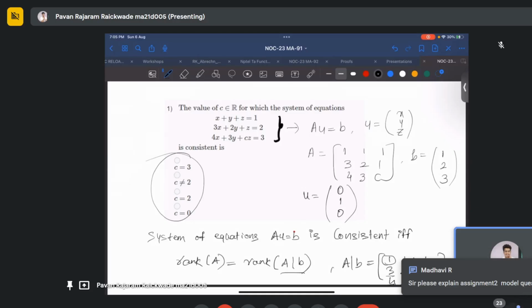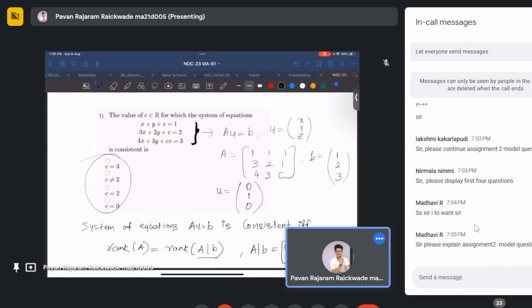What do you mean by assignment 2 model questions, by the way? The assignment 2 in the current semester course, you are saying? I don't have those assignments right now. Maybe I'll write it down.